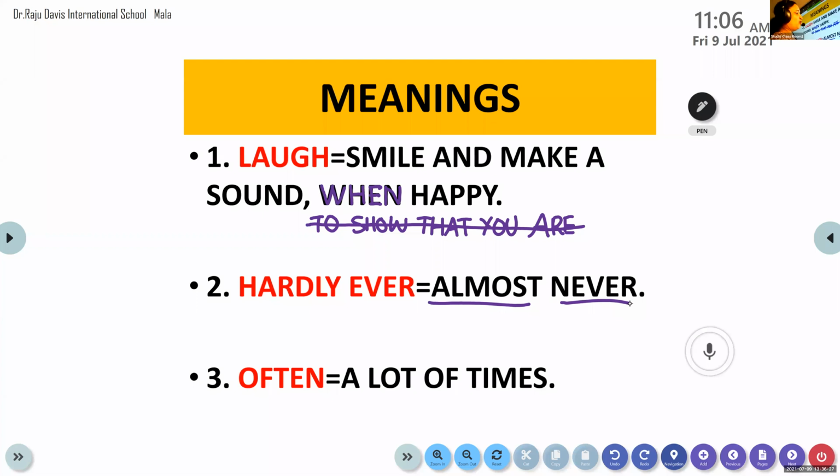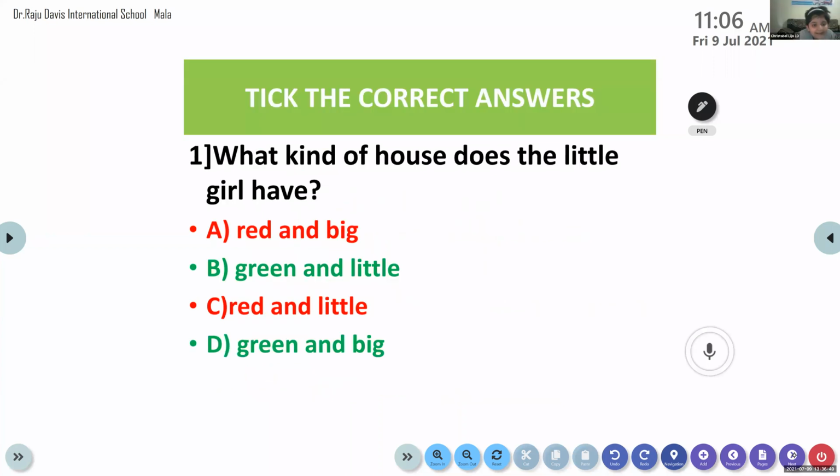What is the meaning of often? A lot of times, or many times. Often means a lot of times. Yes, very good. Now let's try to go ahead with the question answers.